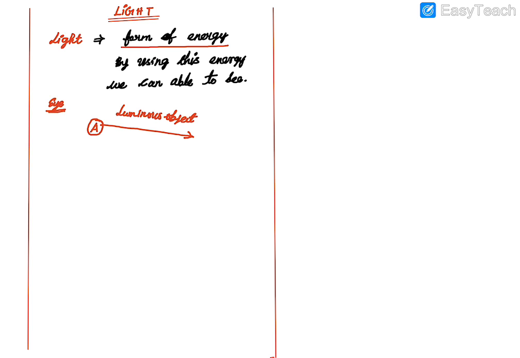From the luminous object the light is emitted and goes to various places. I have taken different objects, namely B and C. The light is reflected from them in various ways. This is the source of light, the luminous source.